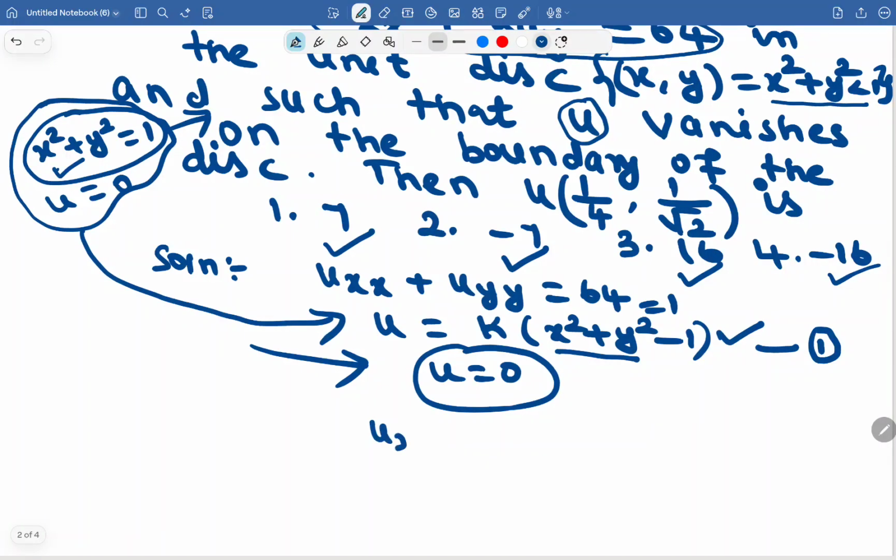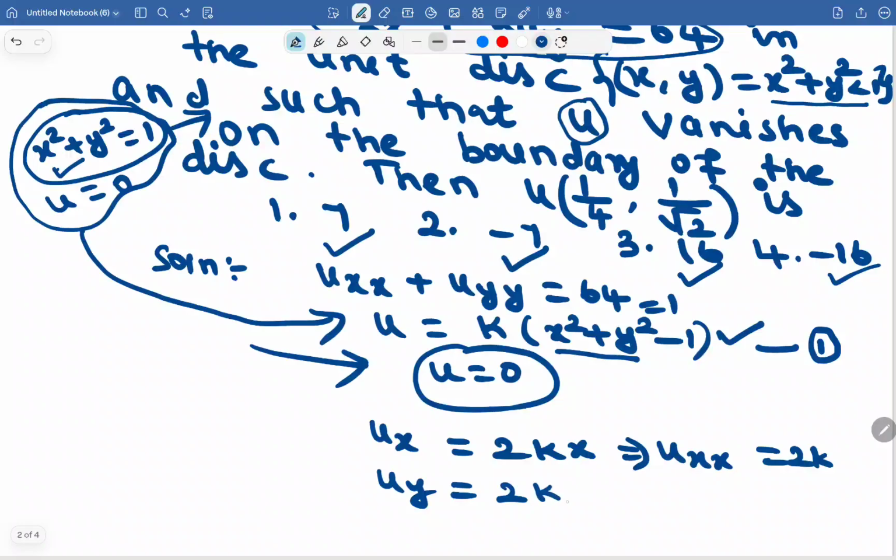Now find ux: 2kx. Then uxx is 2k. Then find uy: 2ky. What is uyy? 2k.